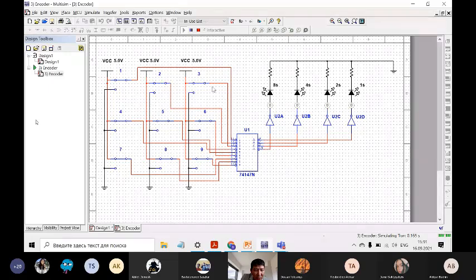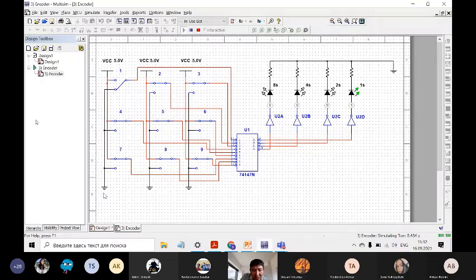So 1, 2, 3, and you can see that now, for example, here 5 volts. So actually 5 volts go to the input. Here also 5 volts. Then, for example, when I press 1, you can see it is connected to the ground, and here you can see that ground goes to the input. So I activated it by connecting to the ground.